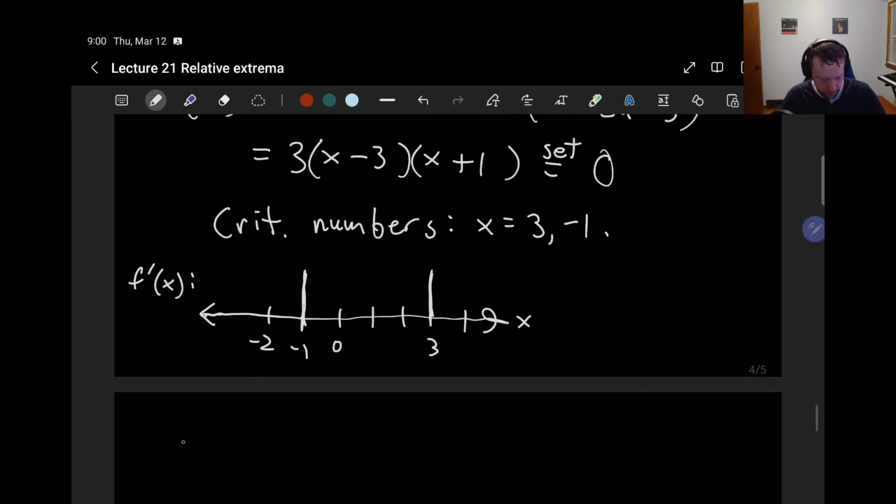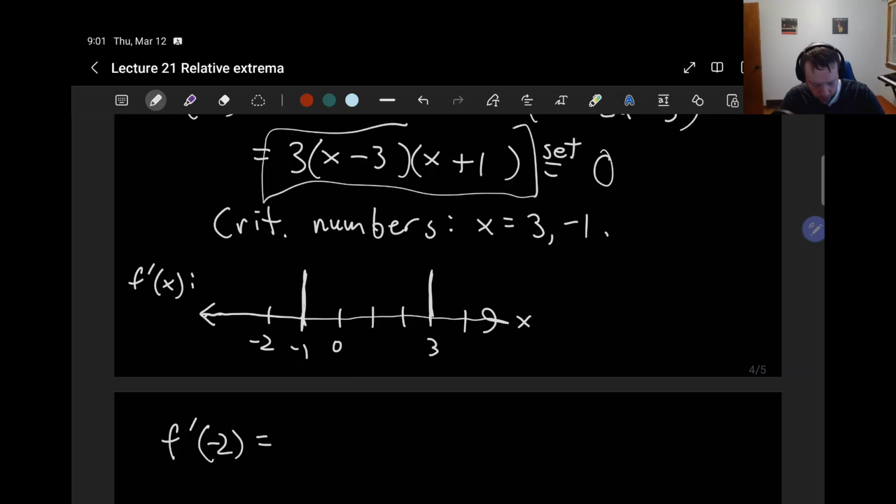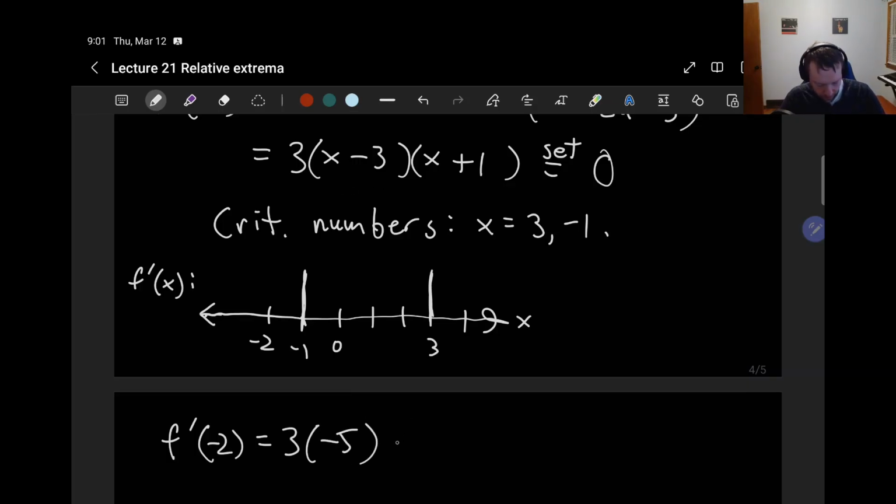Just plug in some point, and that whole block is going to behave in the same way. So f prime of -2. Well, here's my factored version of f prime up here. So -2 minus 3 is -5, and -2 plus 1. Well, the most important thing is that this is a double negative, so we're positive. The derivative is positive in this entire section.